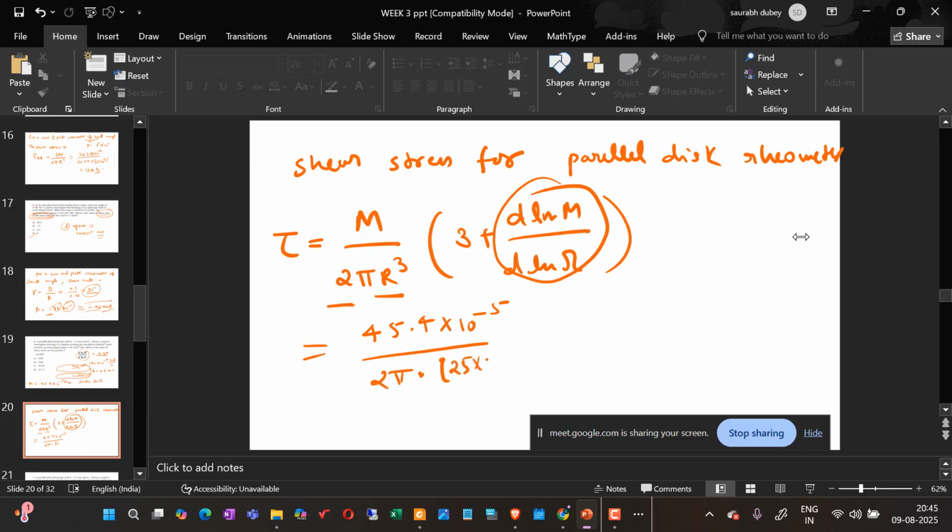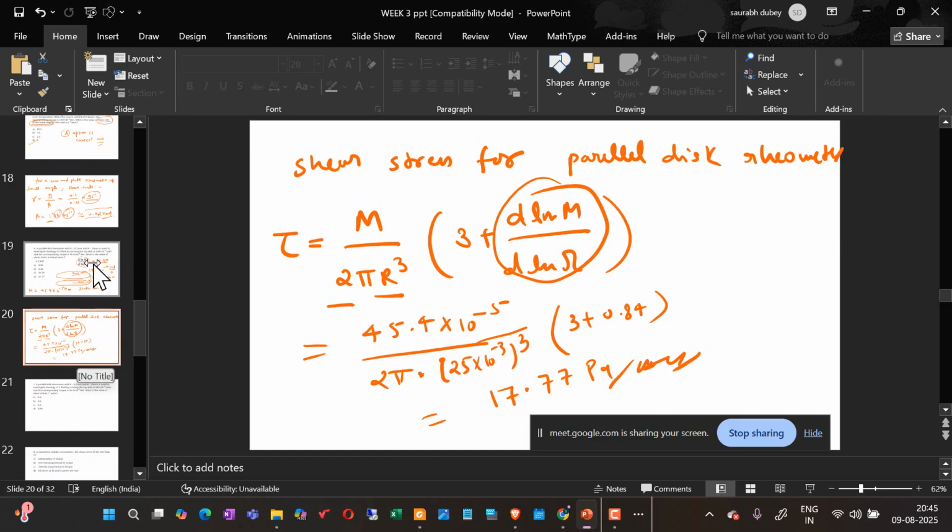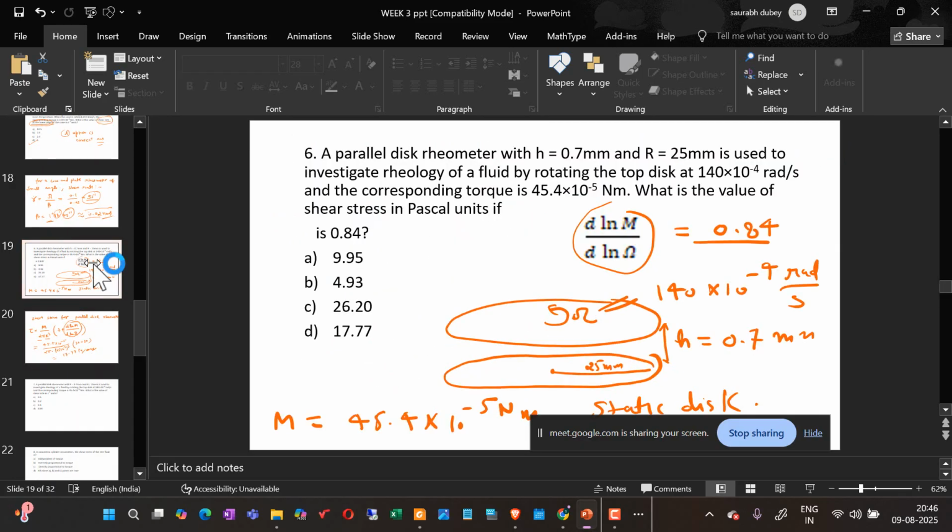Radius was 25 into 10 power minus 3, cubed, right? And 3 plus 0.84 is the value that you are given. Once you solve it, you are going to get 17.77 Pascal. So this is the shear stress that you are going to get. 17.77, so D option is correct.